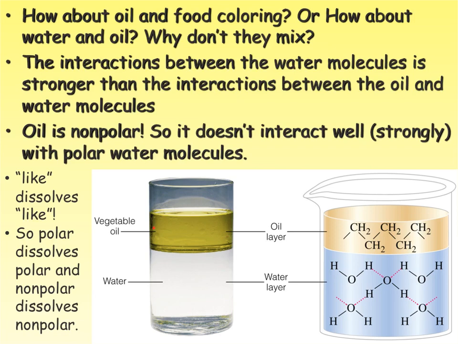This one, oil, it has no charges. Water has our partial positive, partial negative charges. So they don't interact very strongly together. They would rather interact with their own molecules. So oil would rather interact with other oil molecules. Water would rather react with other water molecules.